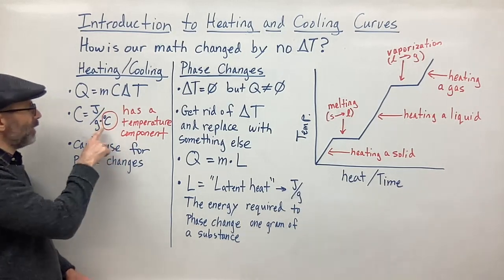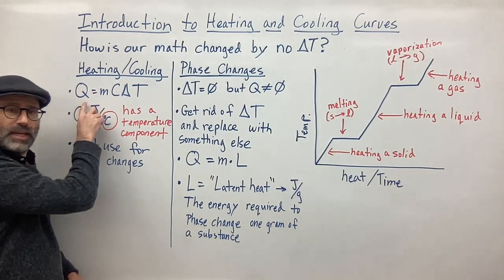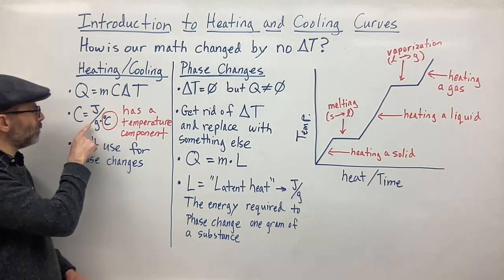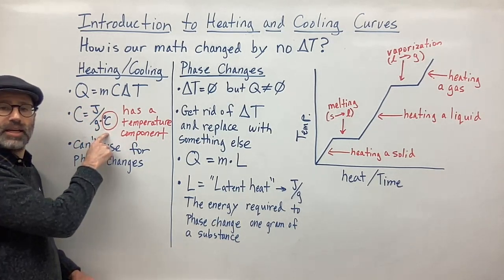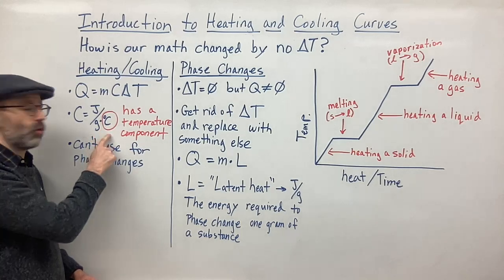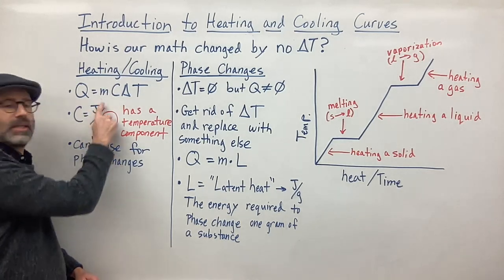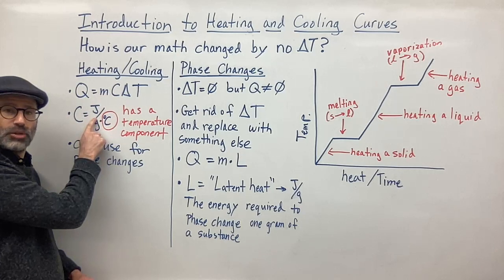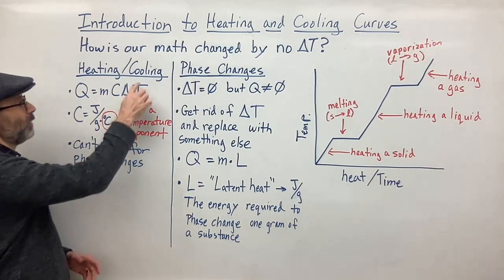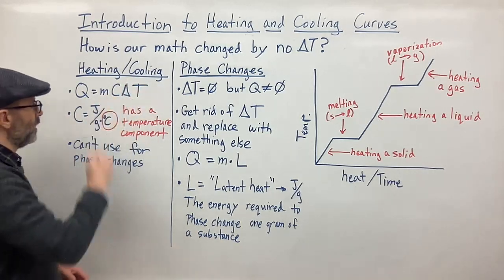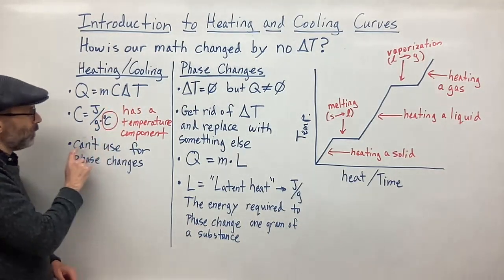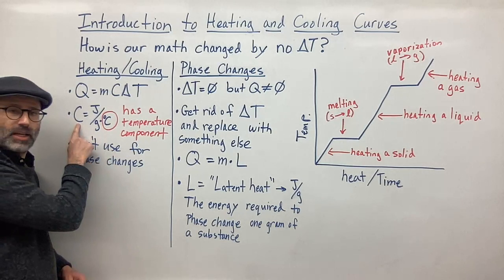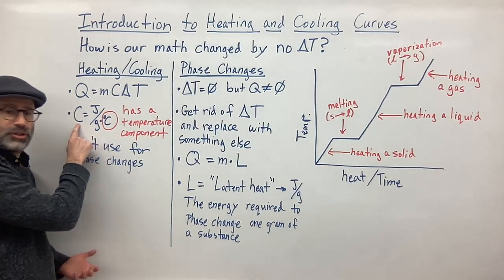So in order to get quantity of heat in joules, you need to multiply by a mass in grams, and you need to multiply by the degrees Celsius in order to get rid of these and only leave you with the energy unit. This is why we have delta T in our equation, and this is why we can use temperature changes.